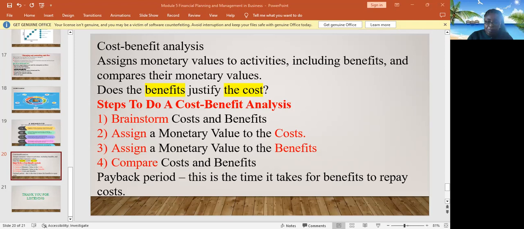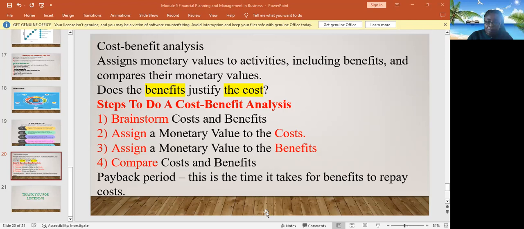Generally speaking, cost-benefit analysis involves tallying up all costs of projects or decisions and subtracting that amount from the total benefit of the project decisions. That is all about cost-benefit analysis.